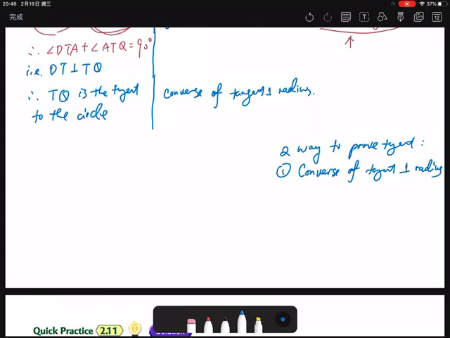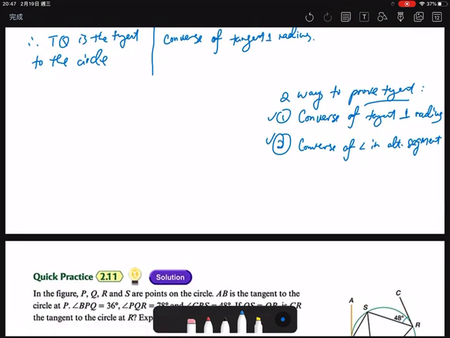This is the theorem in section 2.1, and here we just learned theorem 2.6. It is the converse of angle in alternate segment. This is theorem 2.6. So you have two ways to prove tangent.